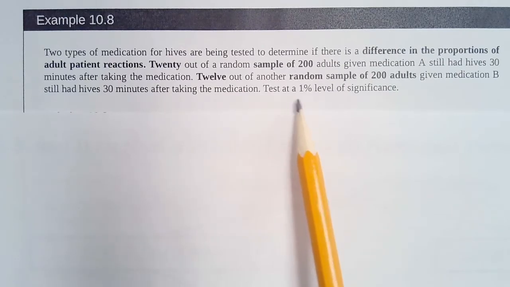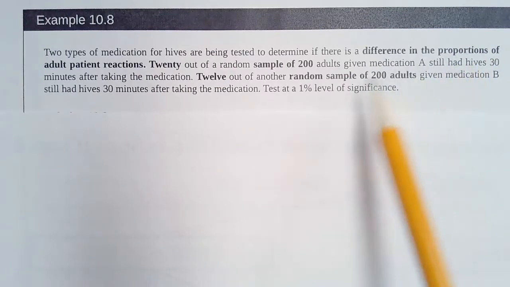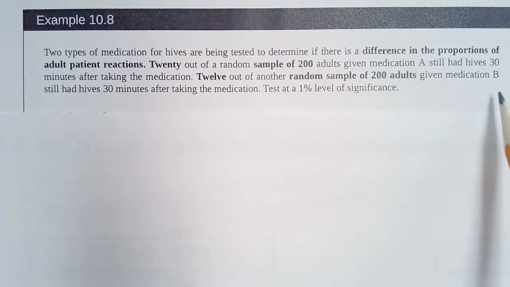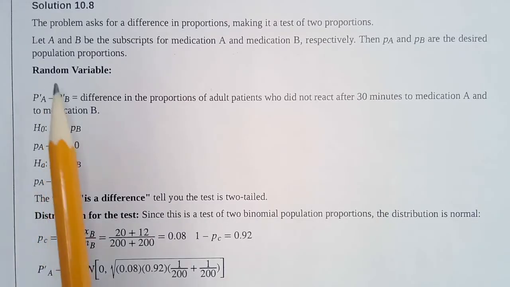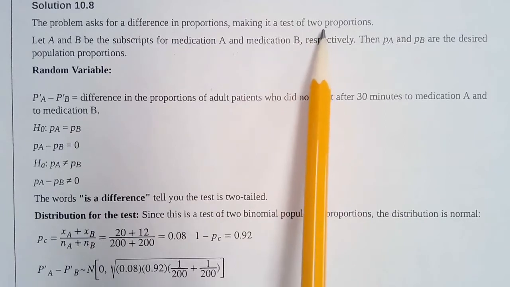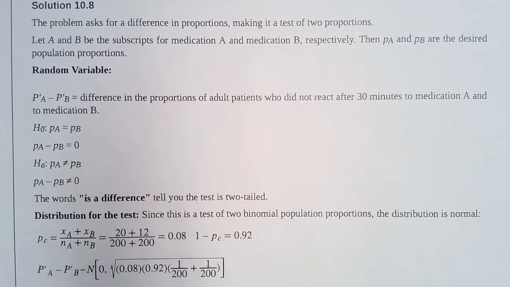We're going to test this at a 1% level of significance. This is proportions, and we are comparing our two groups. Medication A is group 1, medication B is group 2.